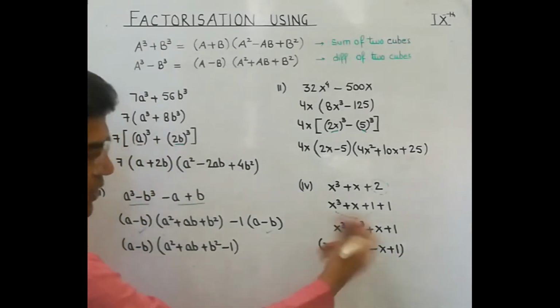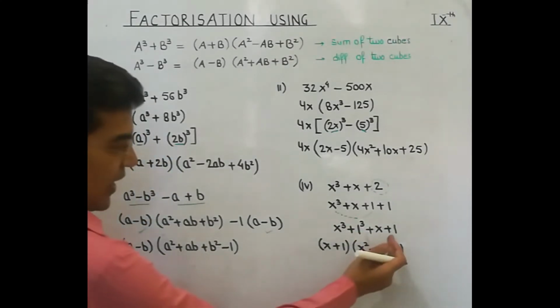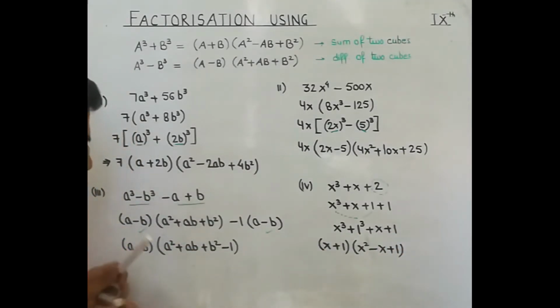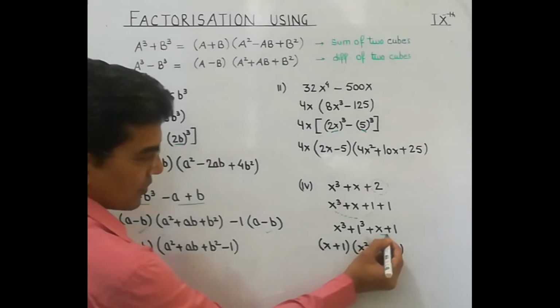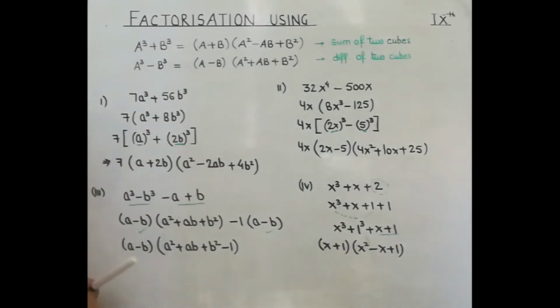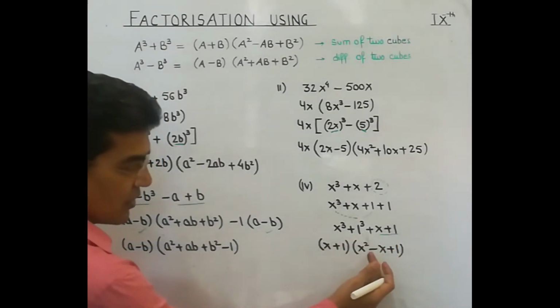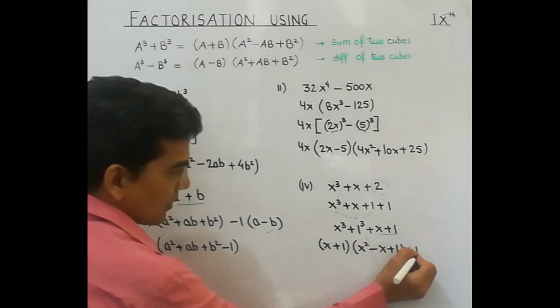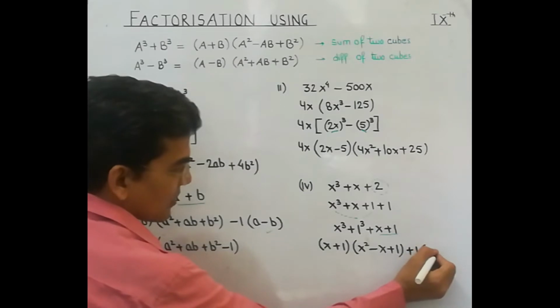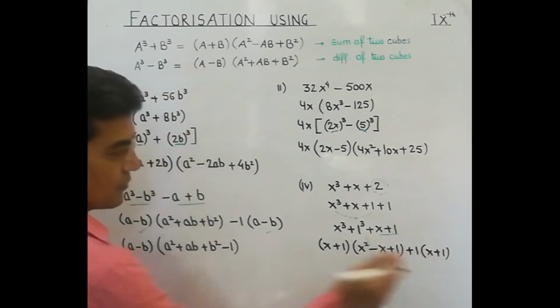B is 1, so the square of 1 will be 1. Now here you have applied the formula for the sum of two cubes, and in this last group there is no literal or numerical coefficient common, so we can take 1. So you will be left with x plus 1 here.